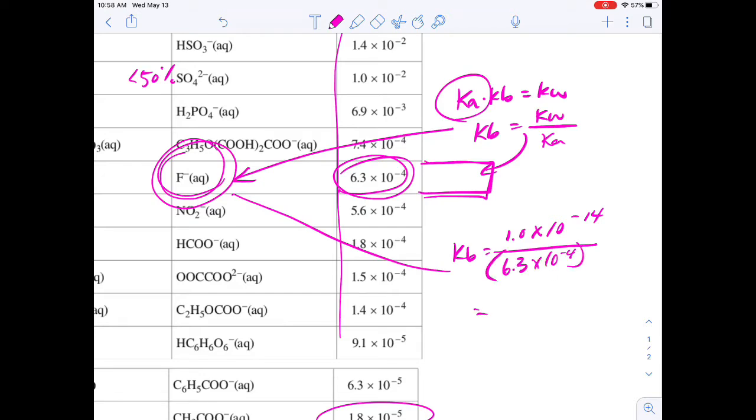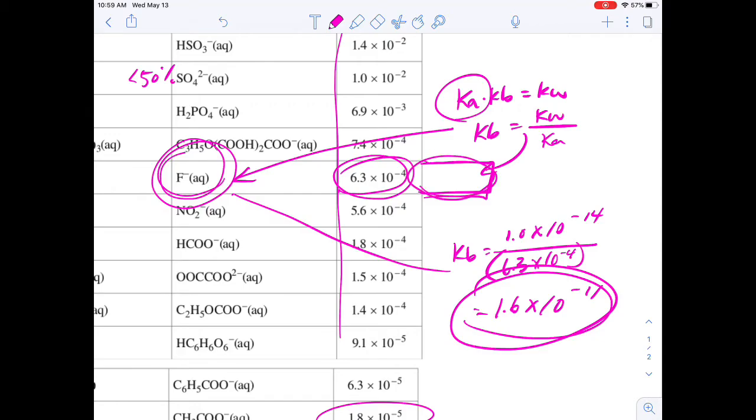That's the Kb for our conjugate base. I'll put that into the calculator and see what we come up with. So my Kb for fluoride is going to be 1.6 times 10 to the negative 11. And that value belongs here.